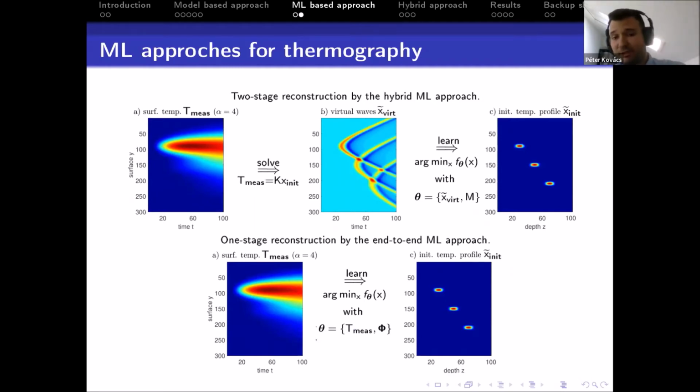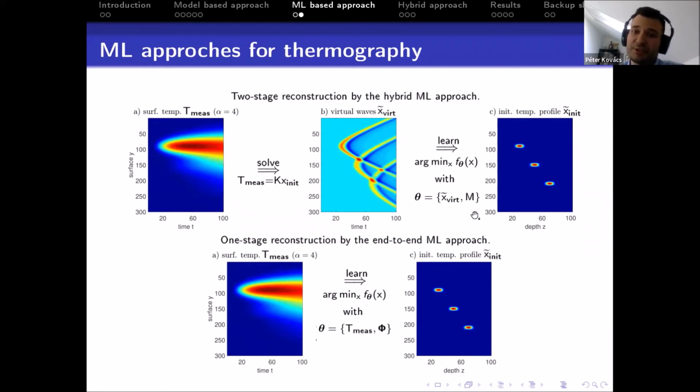Okay, so in order to check our assumptions and how we could apply these machine learning algorithms, we defined two setups. The first setup utilizes the two-stage reconstruction introduced by Peter and Günther Meyer. In the first stage, we extract the virtual wave images by some model-based approaches.